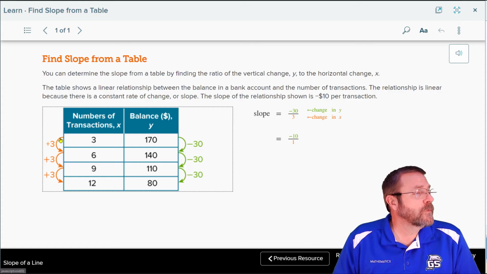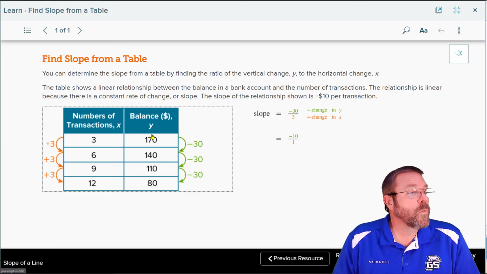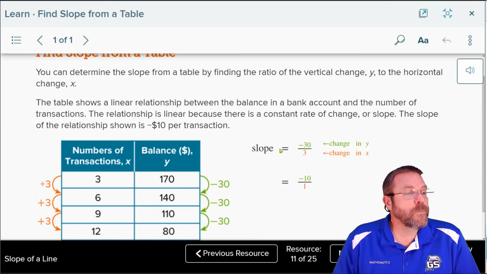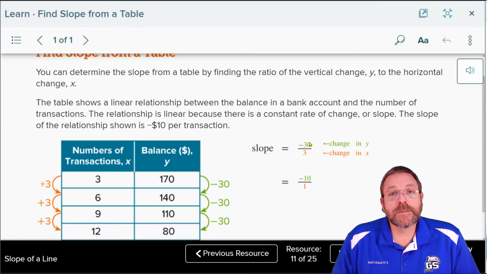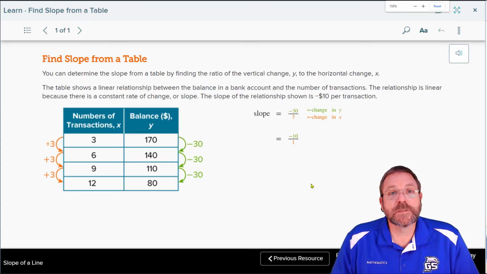Your x is increasing at a constant rate of 3, while your y value is decreasing at a constant rate of 30. That means that in our formula, the rise is going to be the -30 divided by the run of -3. That gives you a slope of -10/1, which you could also write as just -10.